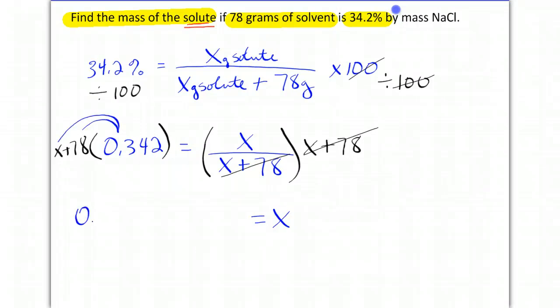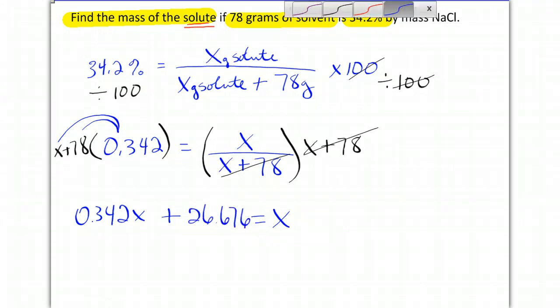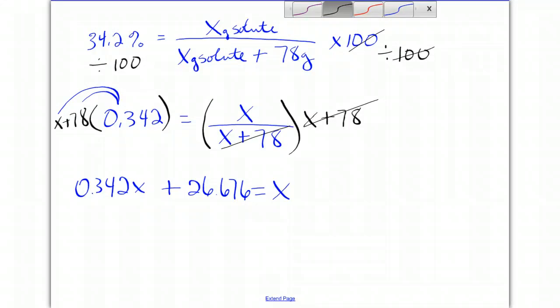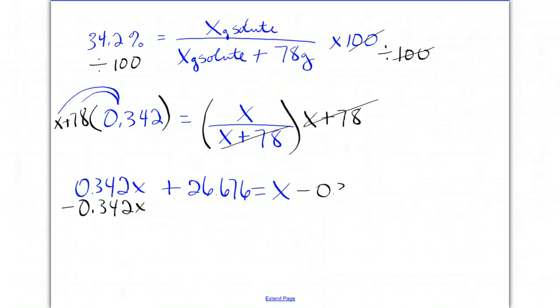So we'll get 0.342X plus 26.676. Now, I'm going to do a little bit of basic algebra. We need to get the x's together on the same side of the equation, so I'm going to subtract 0.342x from both sides in order to get the x's together.